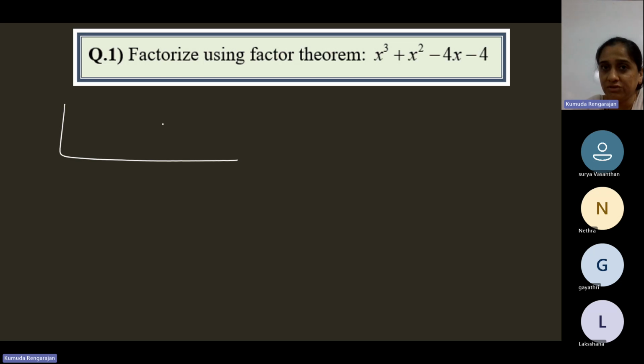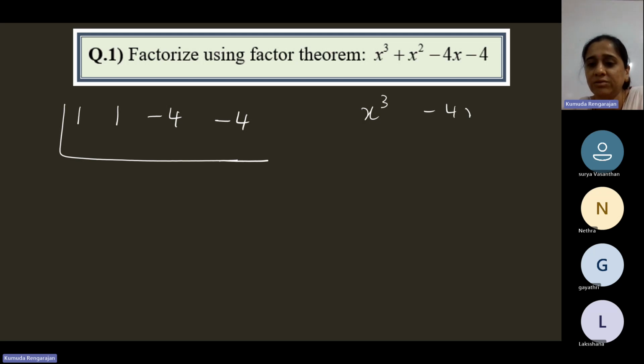write out the coefficients of all the terms you find in the polynomial here. So x cubed, what's the coefficient of x cubed? 1. X squared, 1. X, minus 4, constant minus 4. If any term is missing, supposing you had x cubed and then minus 4x and minus 4, then you should be doing this 1. And what's the coefficient of x squared? 0.